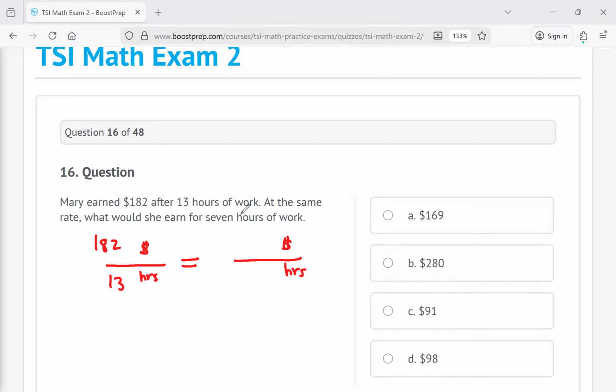And then what do they ask me? At the same rate, what would she have earned for 7 hours? 7 here, and then our unknown, that's how much we want to know.